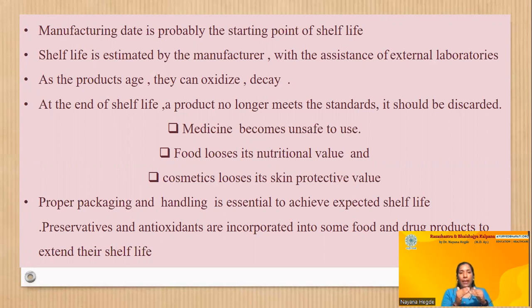कब से मैन्युफैक्चर मेडिसिन को किया गया है, वो शेल्फ लाइफ का स्टार्टिंग पॉइंट होता है। कैसे, कौन से तरीके से शेल्फ लाइफ को पता कर सकते हैं?